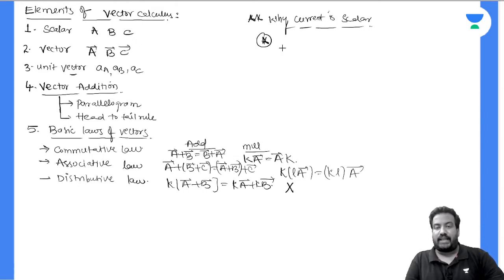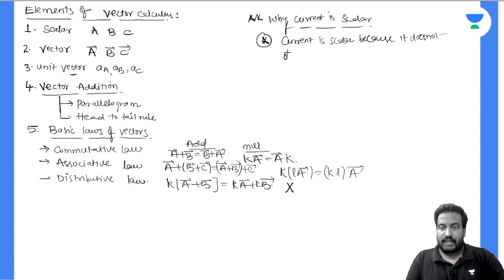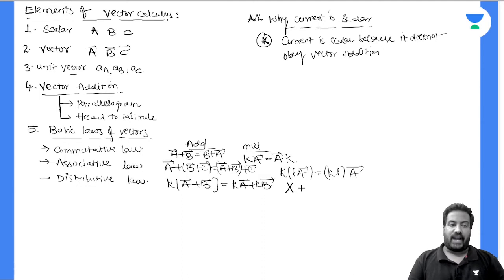In short, I can say that current is scalar because it does not obey vector addition.